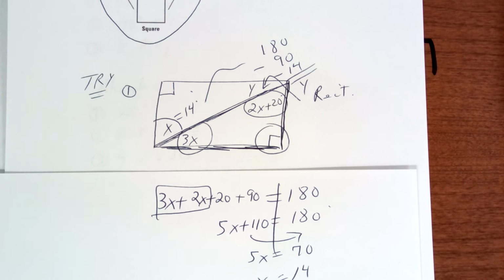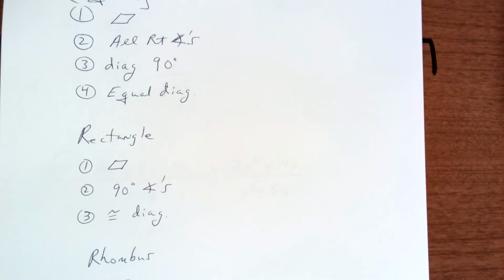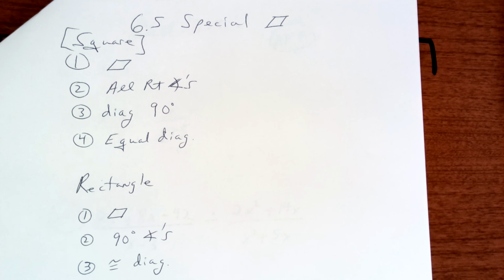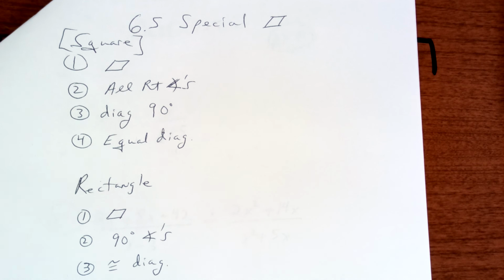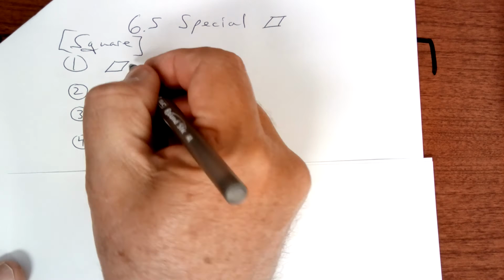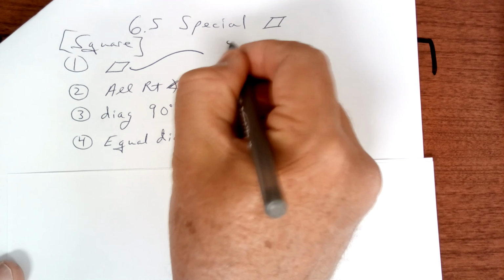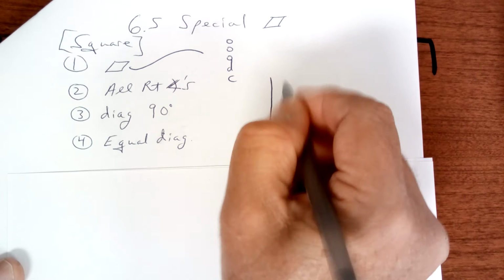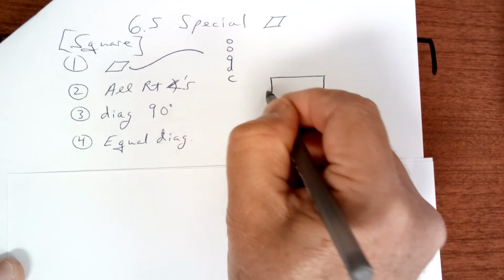Let's move on. All right, so here are the properties of a square. Copy down everything you see right here. A square has all 5 properties of a parallelogram, plus it has 4 right angles. Draw a square.